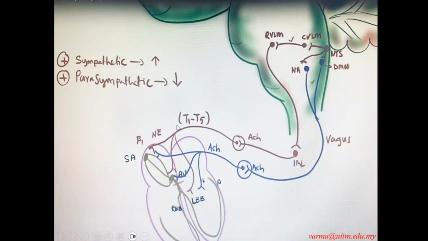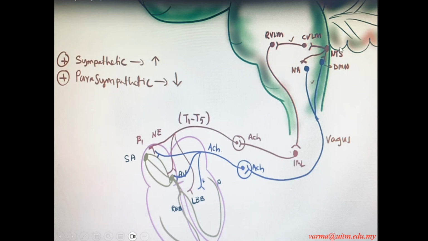Sympathetic postganglionic fibers are at T1 to T5 and secrete norepinephrine. It has cardio-acceleratory effects on the heart. It acts on the SAN, the AVN, and the Purkinje fibers and bundle branches, so the bundles as well.